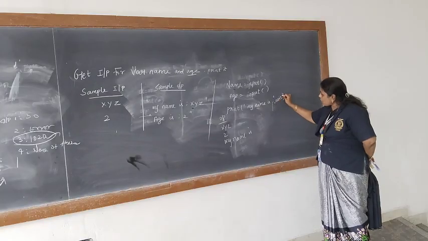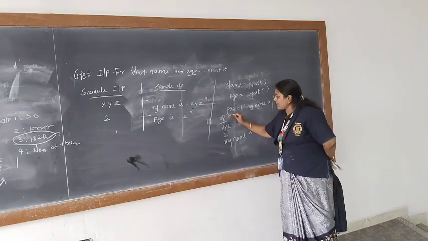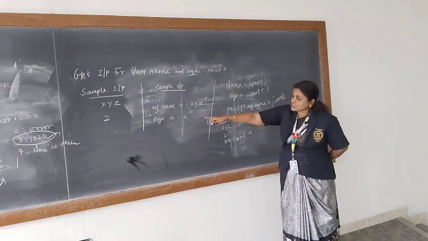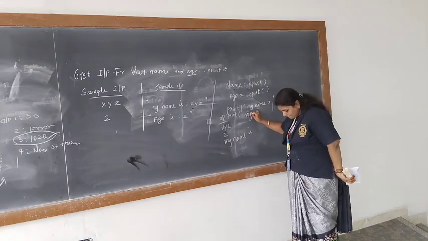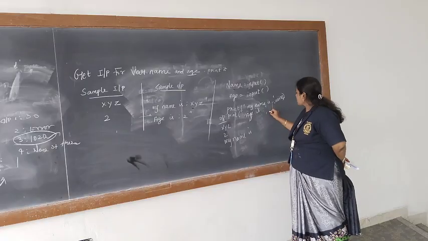Which thing do you have to call? We have to call name, and then print my. Which output statement do they want? Age is. Okay, age. Which term do we have to call? That is age.